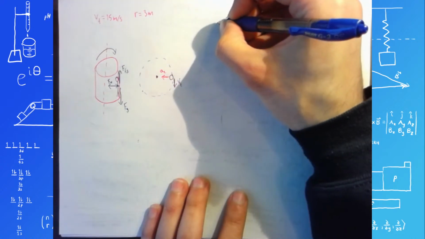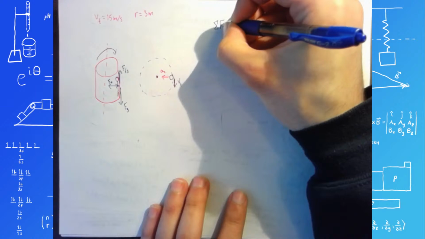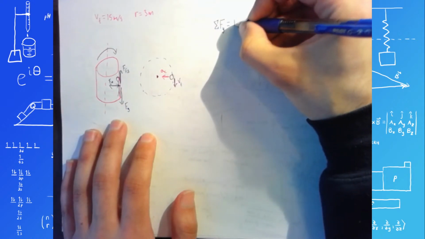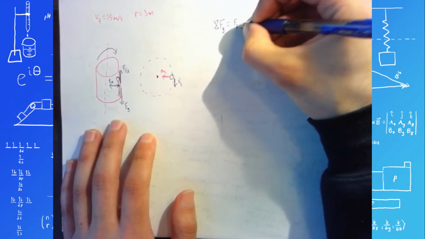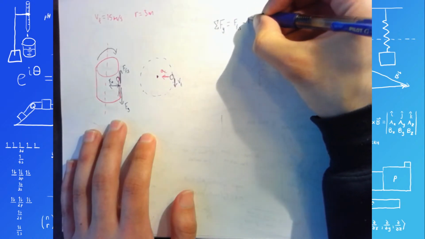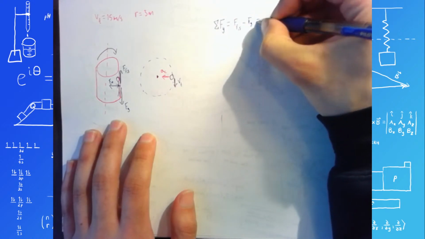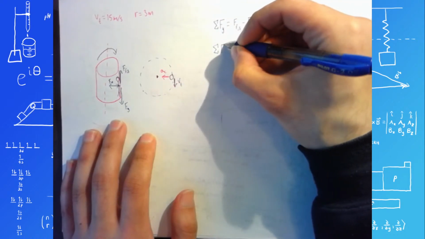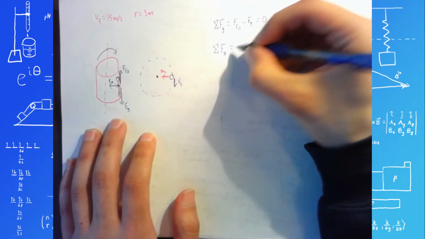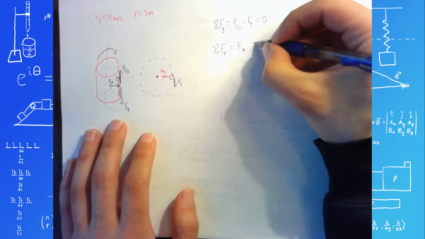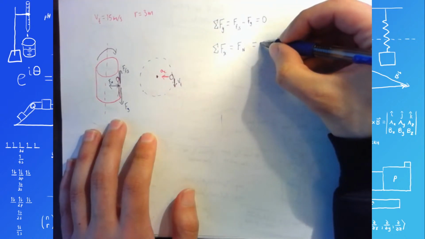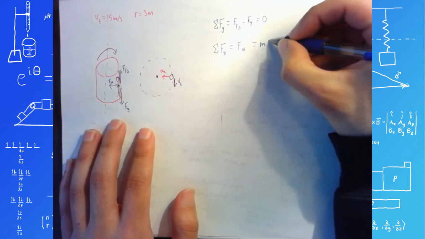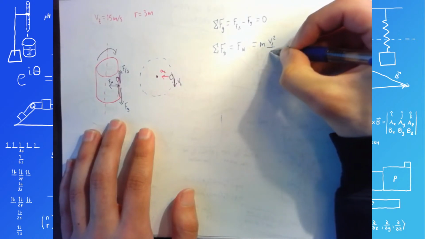So I know that net force Y on this person, force friction static minus force gravitational, must be 0. And net force X on this person is just the normal force acting on them, must equal their mass times their centripetal acceleration.